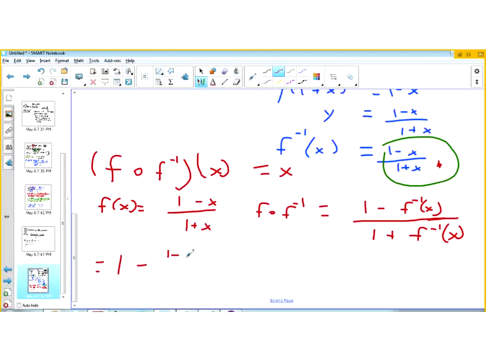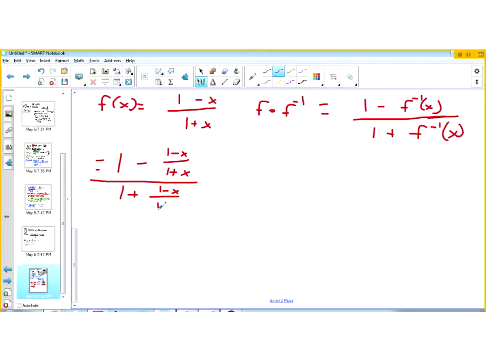And so that's equal to 1 minus x divided by 1 plus x, and then we divide all of that by 1 plus 1 minus x over 1 plus x. And we simplify. So after simplification, we should get x.